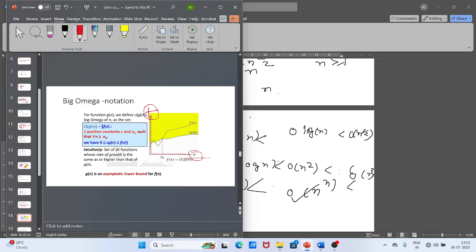Now see the picture. Here is a function which is given and we have to check this g(n) function. Big omega gives us the lower bound, the best case.